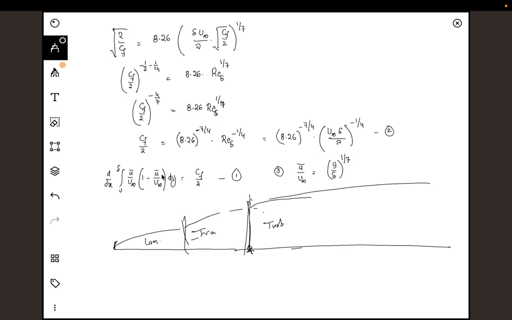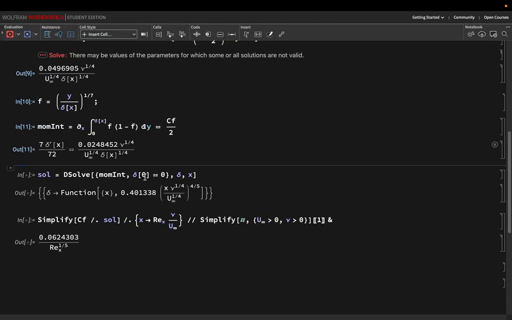But with that assumption, we are putting the condition that at x equal to 0, delta has to be 0. And we are solving for this particular form, and then we are getting an equation for delta of this particular form. So once I have the equation for delta, I can substitute that back into the equation for the skin friction coefficient, and that would give me this equation.